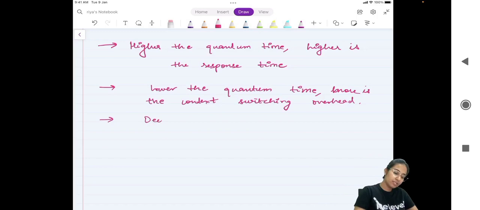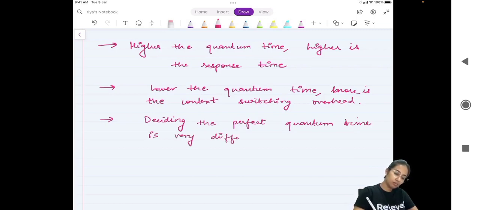And the last one is, hence, deciding the perfect quantum time is very difficult. Okay, so that's what the overall idea is over here.